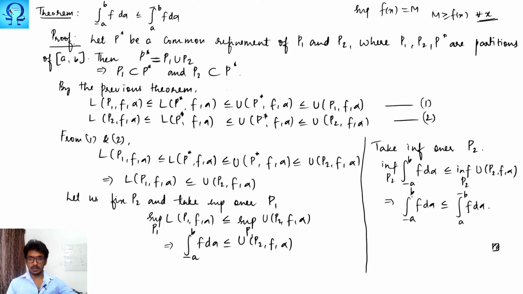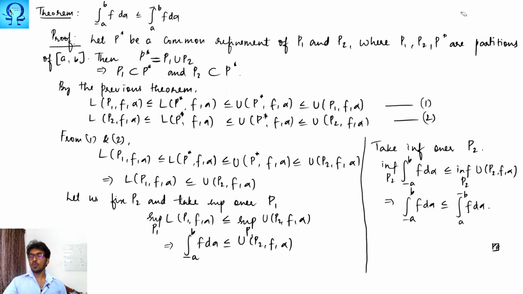And we know very well that if we take the supremum of the lower sums, that gives us the lower Riemann integral, and the infimum of upper sums gives us the upper Riemann integral. Accordingly, we have to apply supremum and infimum.